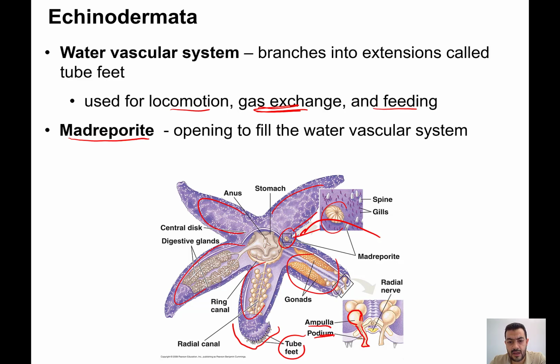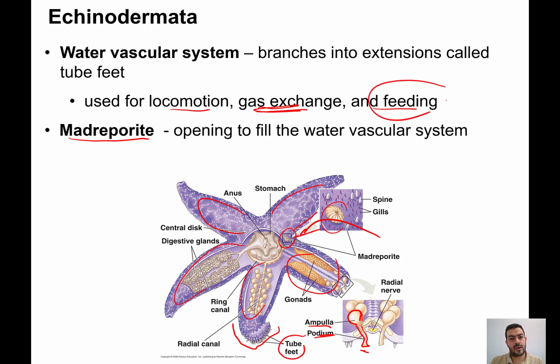It will extend out of the body of the sea star, and actually the sea star will extend this foot, this podium, in the direction that it likes to move in, and by coordinating the movement of these multiple tube feet, the sea star is able to move. So it's like a hydraulic system, and it also helps in the feeding.